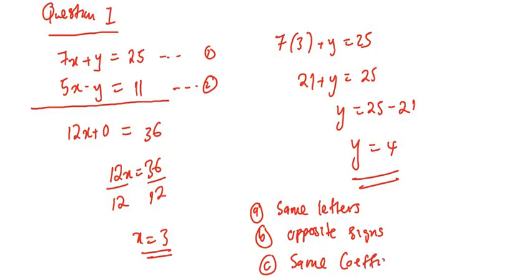These are the three conditions that you need for you to be able to use this method of addition. So we're just adding because the signs are opposite, and the coefficients are the same. This is method 1. Then the other method is by substitution, but I'll stick to this method first.